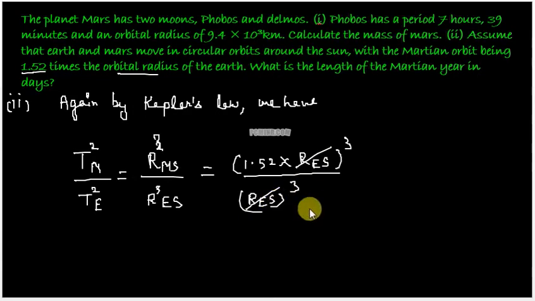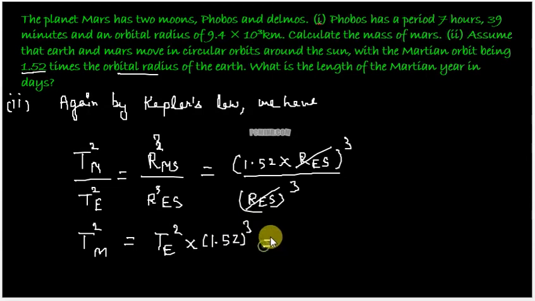We want to find the time period of the Martian orbit, so keeping it here, I bring the time period for Earth to the other side. So T_E square multiplied by 1.52 cube. Therefore, what is T_M? I'll take the square root on the right hand side.